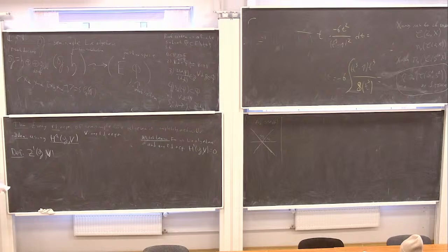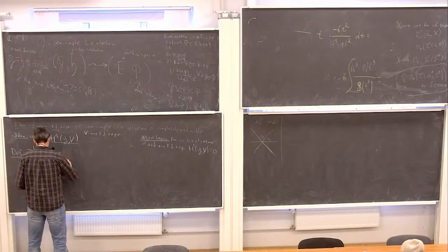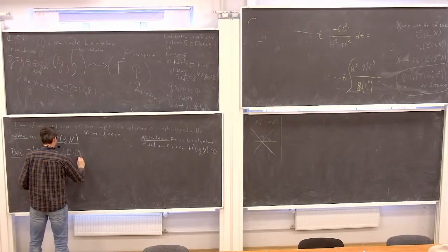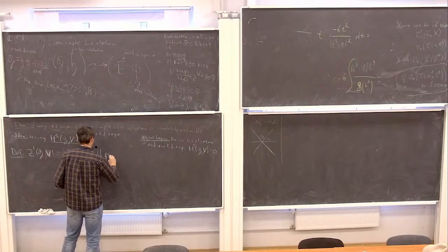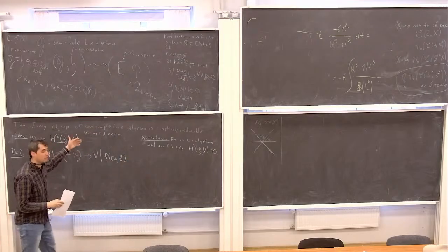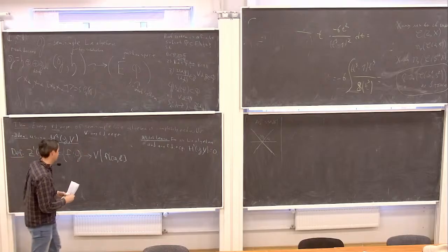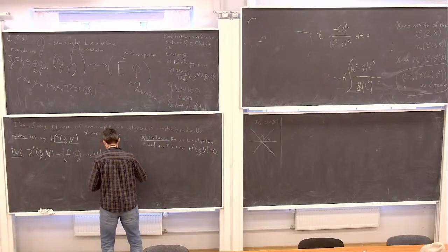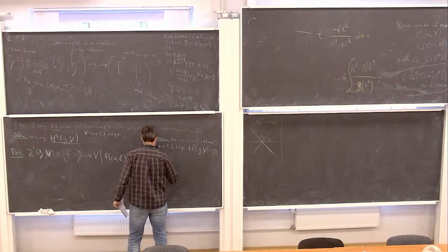Okay, so let's consider the following vector space of maps from G to V, such that f of AB is equal to A f of B minus B f of A. Okay, now you see why we will spend the entire lecture to prove this theorem, because we need to introduce a lot of things.